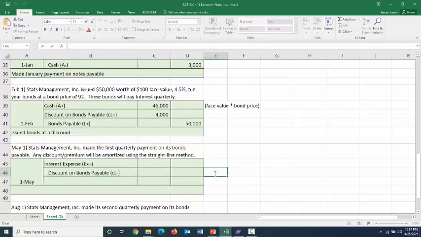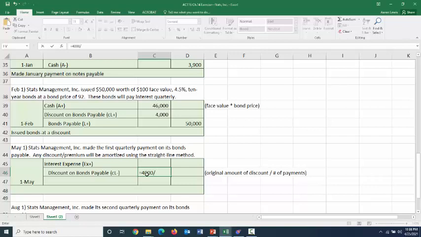To figure out how much of that discount you're going to amortize, you should take your original amount of discount and divide it by the number of payments in the life of this bond. So our original amount of discount up here was $4,000.